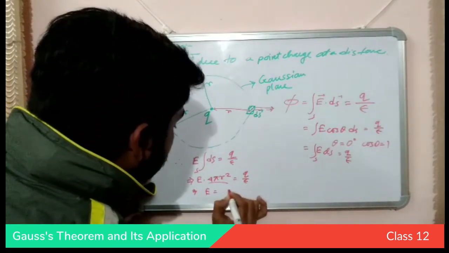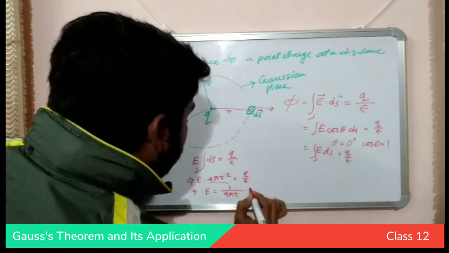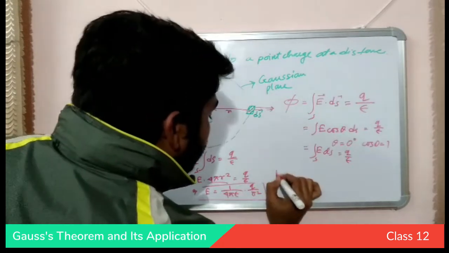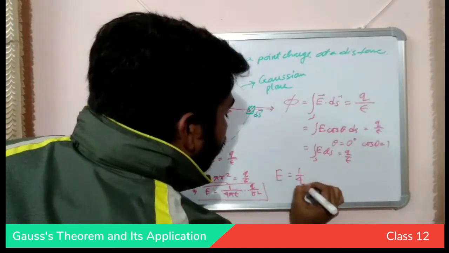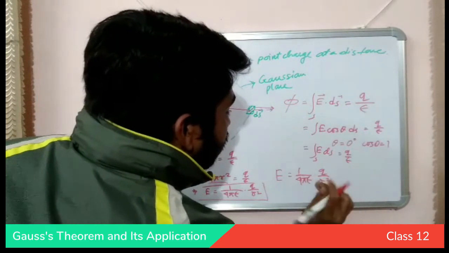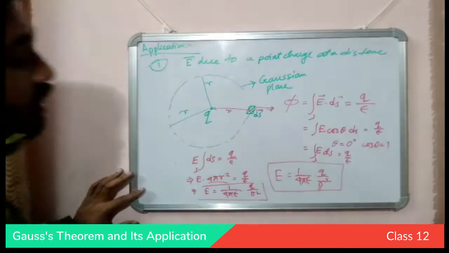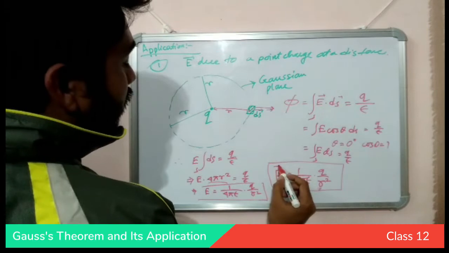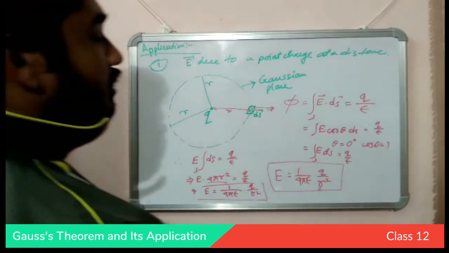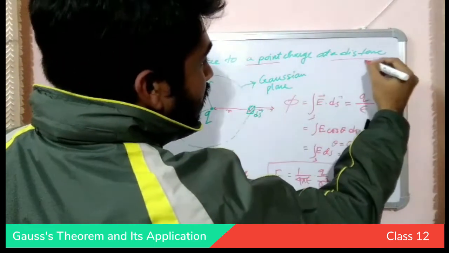So E becomes 1 by 4 pi epsilon into q by r square. So this is the required electric field strength, or electric field intensity, for a point charge at a distance r.